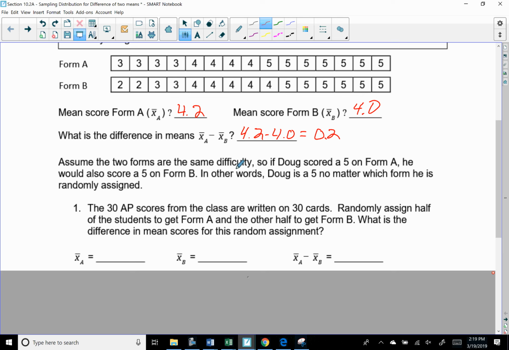So again, just like we did here, we got 4.2 and 4.0. The next time we run it, we could get 3.9 and 4.1, in which case we would get a negative 0.2, my bad.